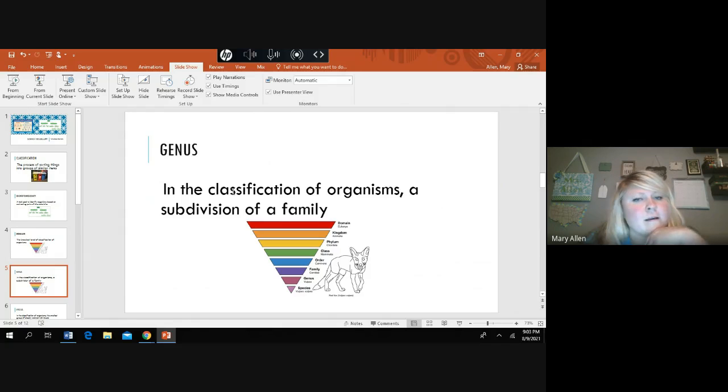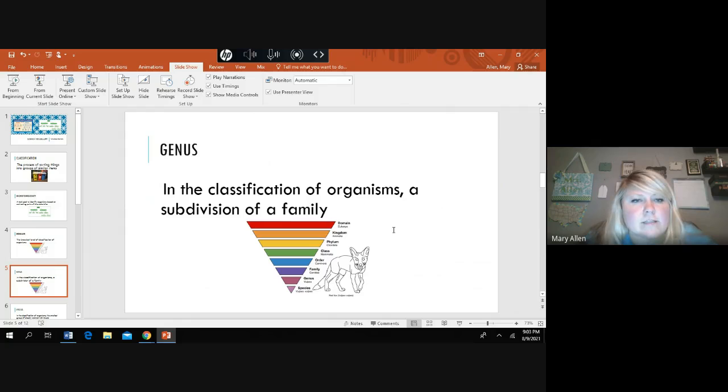That is, in the classification of organisms, a subdivision of a family. So if you notice, there's all these different ways of classifying by domain, kingdom, phylum, class, order, family, genus, and species. We actually don't have to know every single one of these for our 5th grade standard. We only have to know a few.